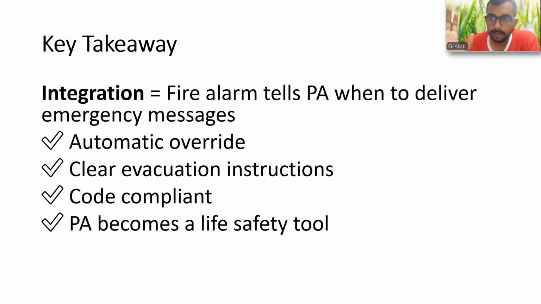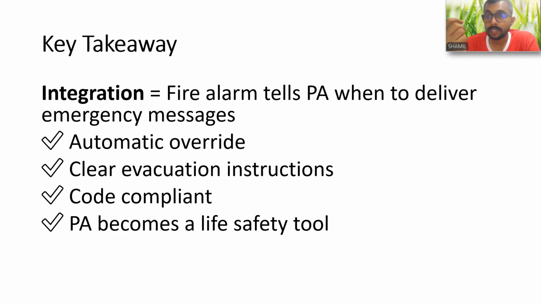We are coming to the last slide. To conclude and summarize, integration is a communication between the fire alarm system and the public address system. The fire alarm system will tell the public address when to deliver emergency messages. The integration is essential. It has the benefit of automatic overriding, it gives clear evacuation instructions, and it is code compliant.